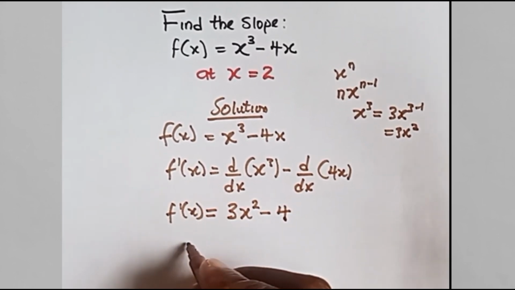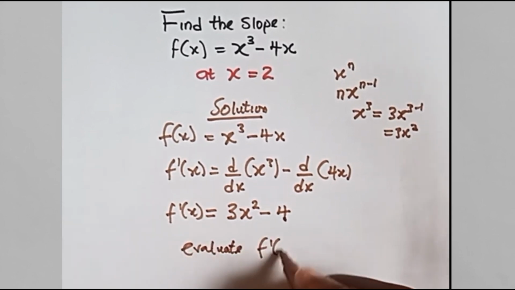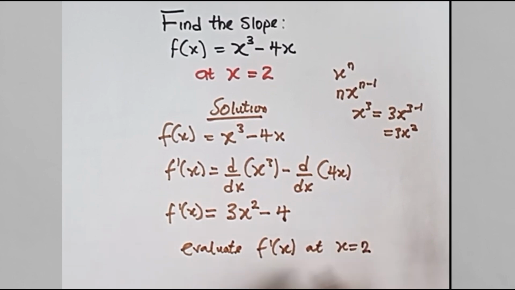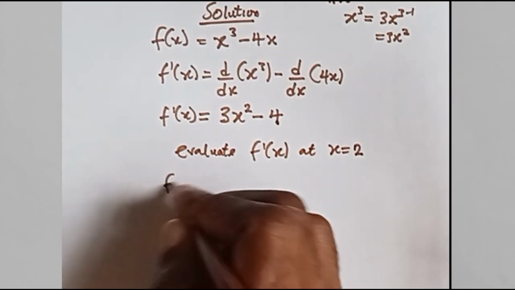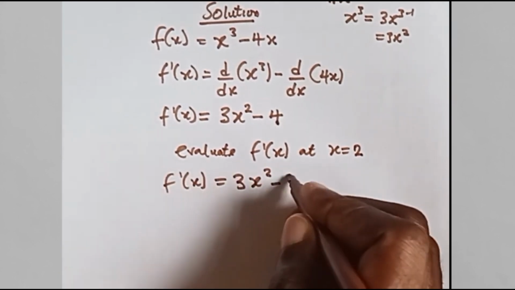Now we can evaluate the derivative of that function at x equals 2. So we have 3x squared minus 4.